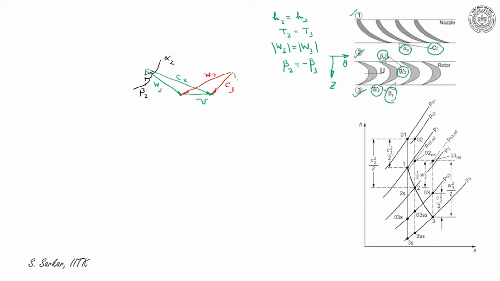Similarly, W3 makes an angle beta 3 and C3 makes an angle alpha 3. So this is so far the velocity triangle, and it has been given that axial velocity Cz throughout the stage remains constant.